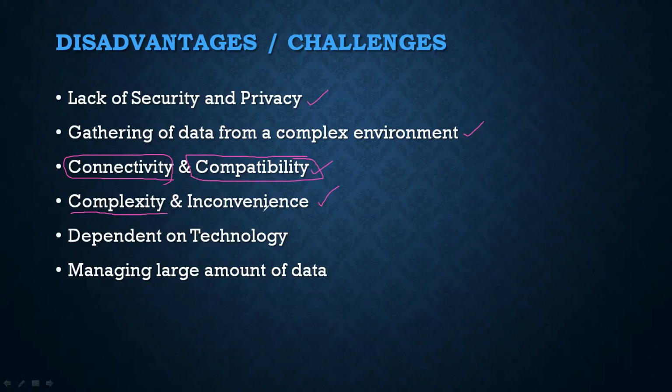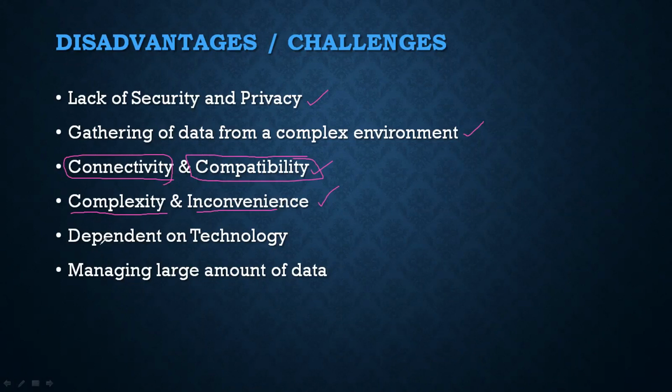And next, inconvenience means: each and every IoT system works based on the internet. Assume there is no internet, then what happens? Inconvenience will occur for all the tasks that are done via the IoT system.